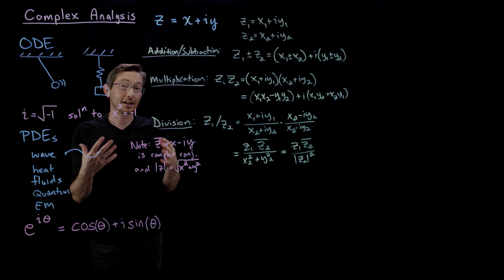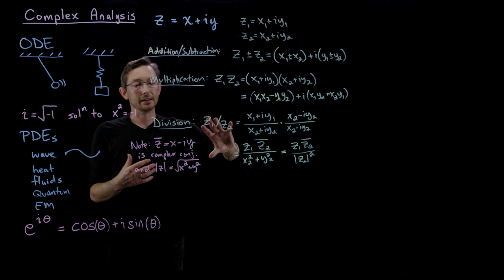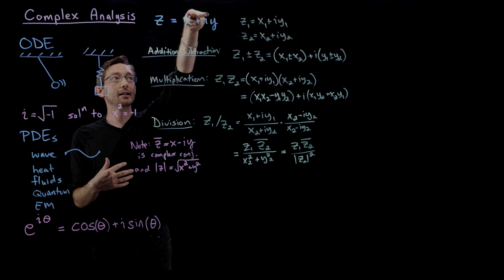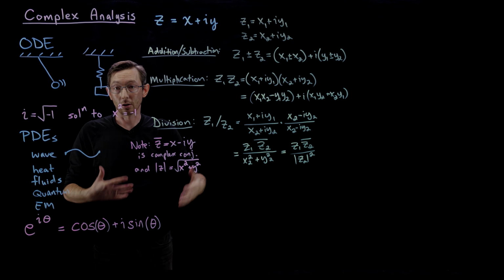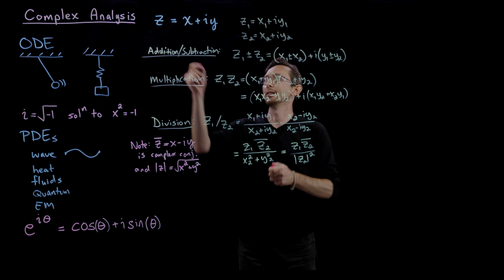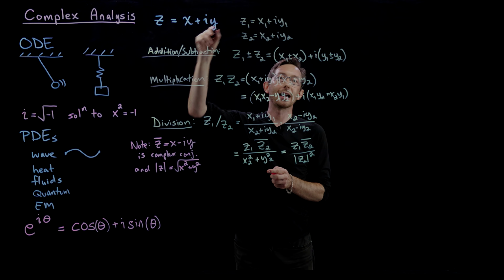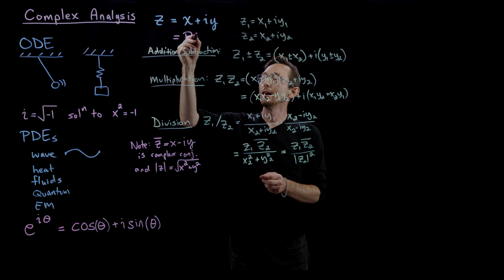But it turns out it's actually way, way easier to do multiplication and division if instead of writing it like this, you write these numbers in a polar coordinate system. So I'm just going to do that really quickly. I'm going to say that instead of x plus iy, this equals some radius.